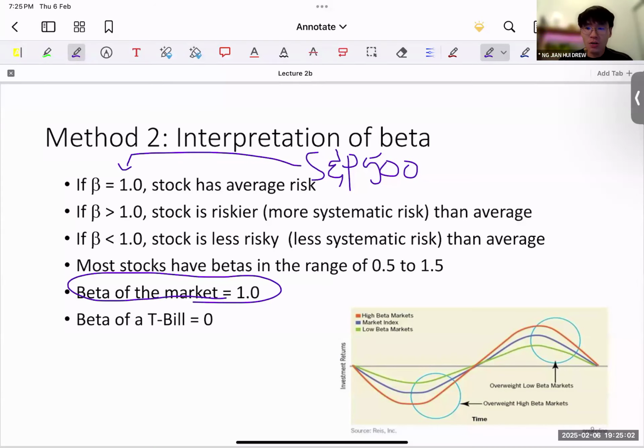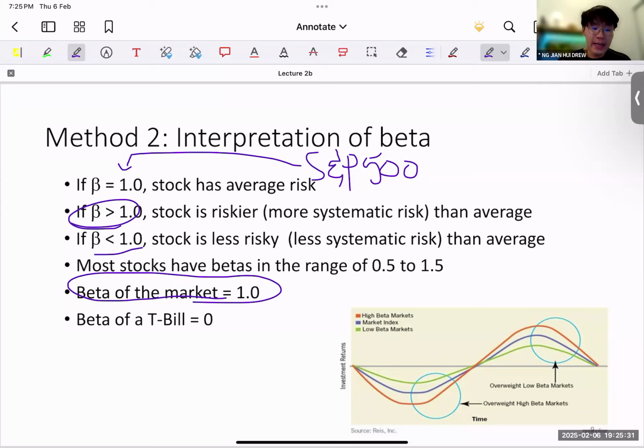Now, if you have a stock that has beta more than 1, it means that this stock has more risk than the market, more risk than the S&P 500. Okay, so it's more risky, so more systematic risk. In a situation where your beta is less than 1, it means that this stock has less risk than the S&P 500 or less risk than the market.